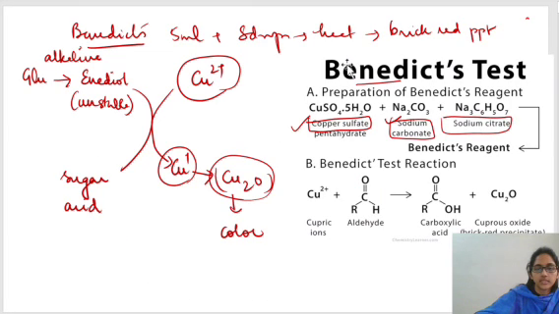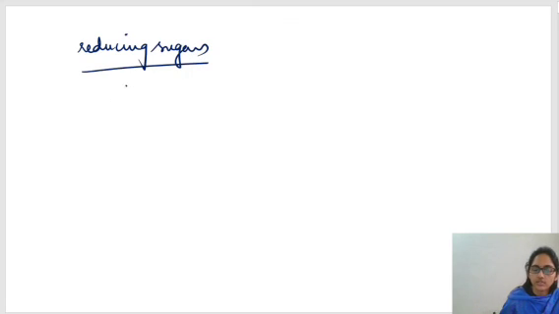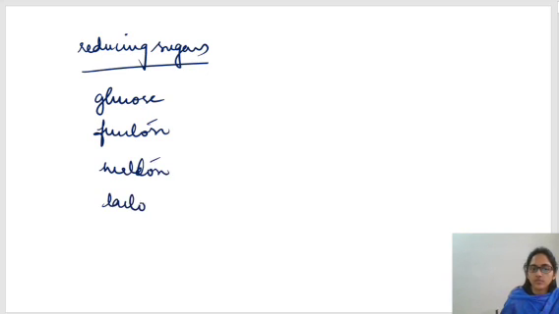The principle of Benedict's test is important, you all have to know it, and also the reagent constituents. Now we are talking about reducing sugars, so let's list them out. Glucose, fructose, maltose and lactose are all reducing sugars. Sucrose is a non-reducing sugar, as we have seen already.